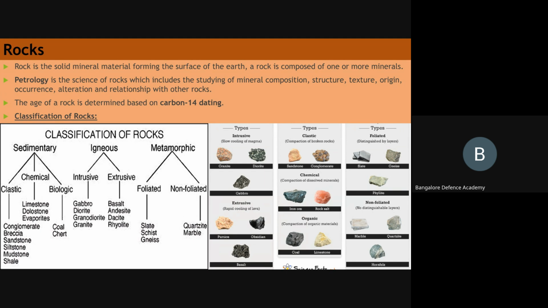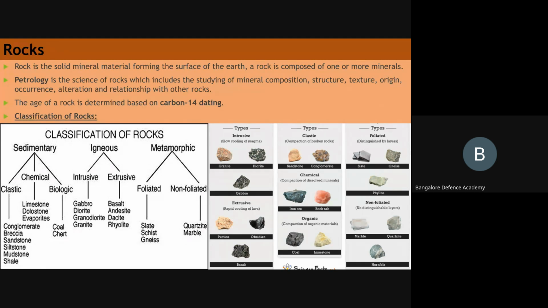When this magma solidifies, the rocks forming because of that are intrusive type of igneous rocks. Igneous rocks are formed because of magma or lava. Intrusive rocks are formed because of magma, and extrusive rocks are formed because of lava.